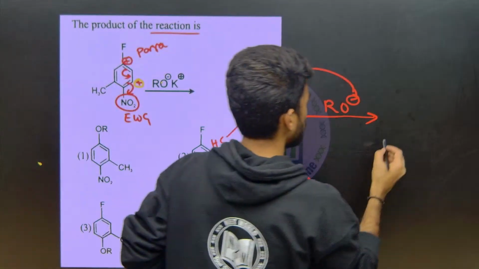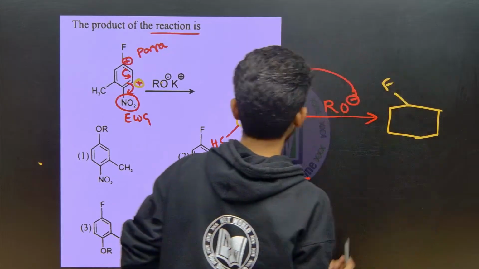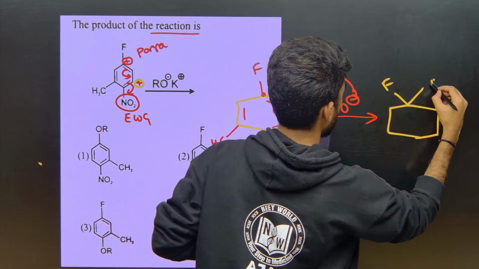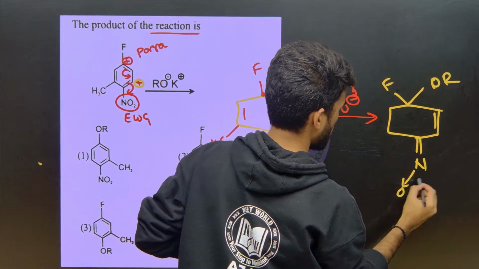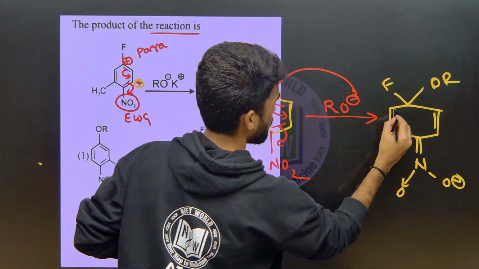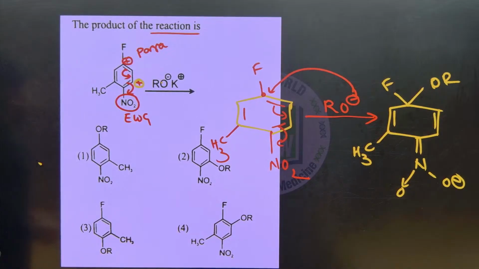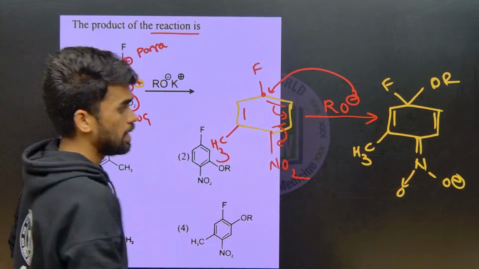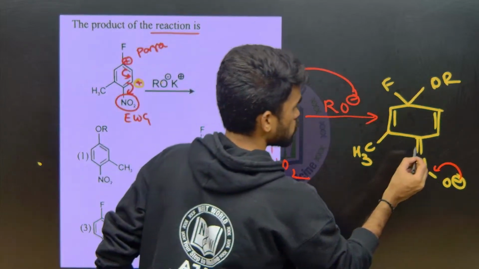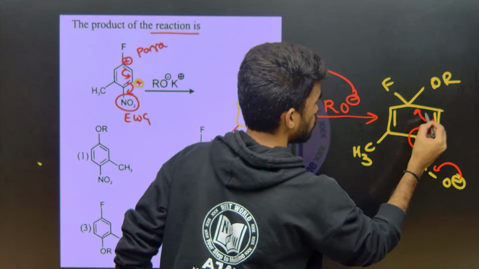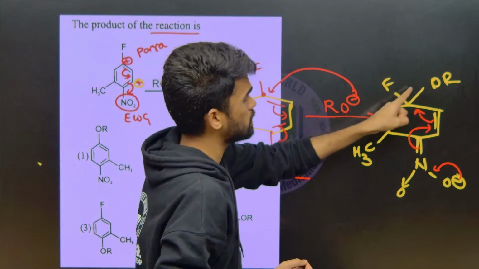Okay, so that we will get a compound like this. Okay, so after getting this, now again this O minus will give the negative charge into the ring. So now you can look back. Here the pi electrons move into their original position, so one of these groups should leave.